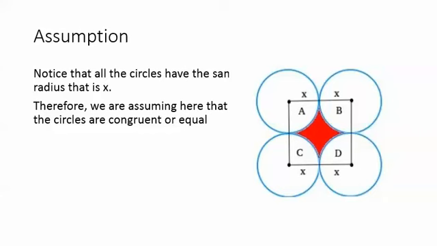Start with diagrammatically marking what you know from the problem or the question stated. So in this area, I understand that the area marked in red is symmetrical, which means that all the circles are of equal radius. I will go ahead and mark the radius as x in this case.